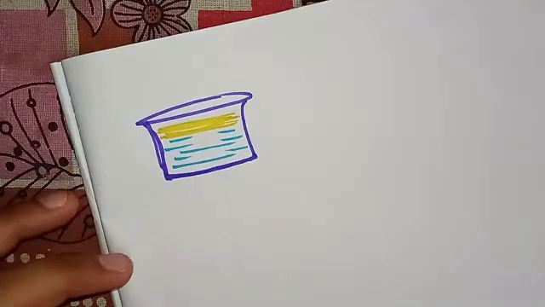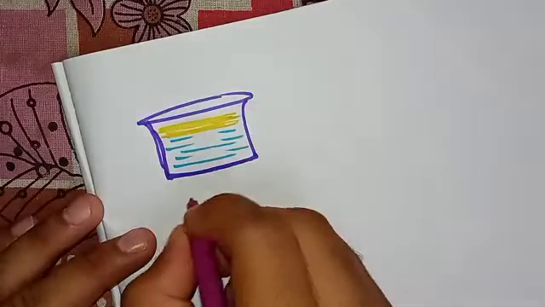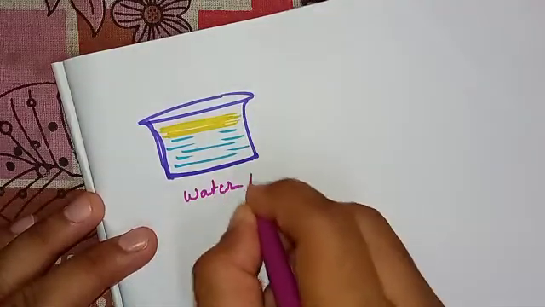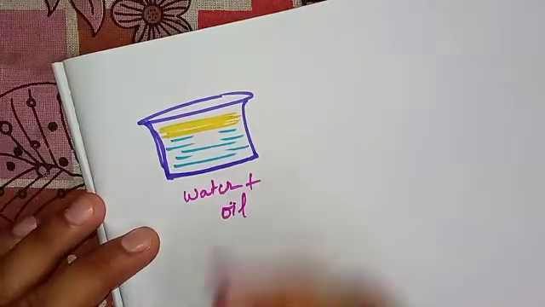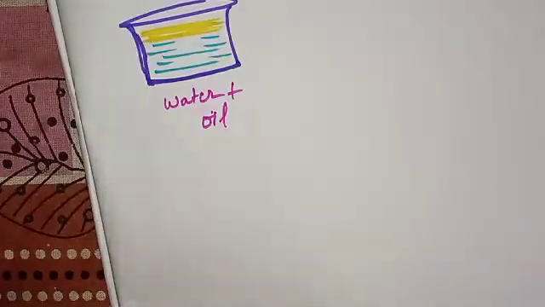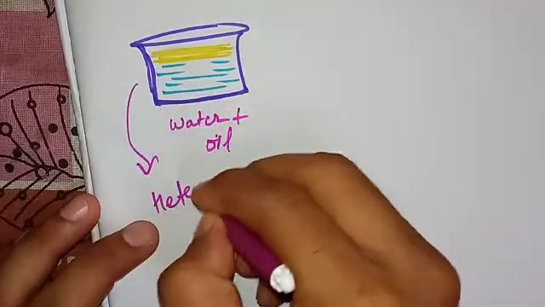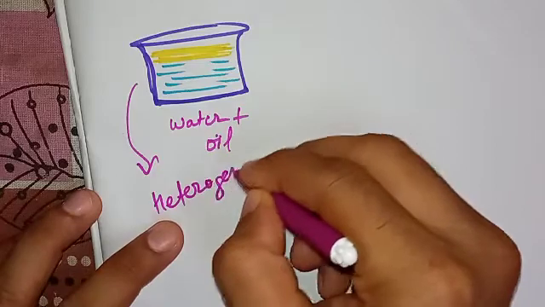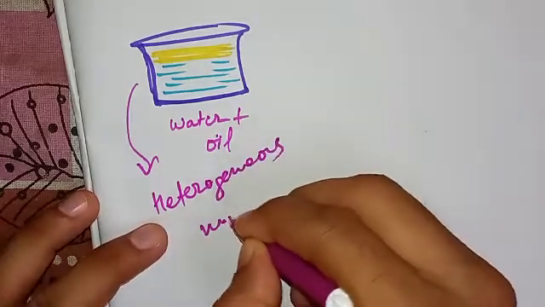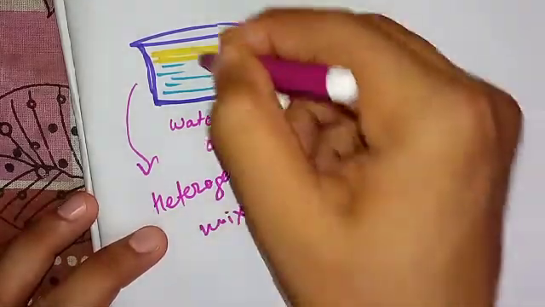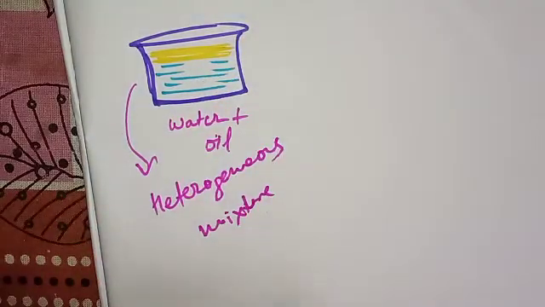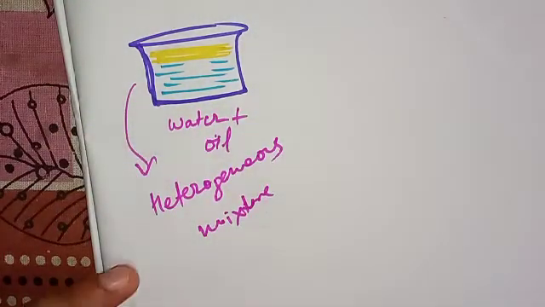This beaker has water plus oil, and you know that oil is immiscible, it will not get dissolved in water. So you will have a mixture that is what? Heterogeneous. Yes, that is definitely a heterogeneous mixture. The oil will not get dissolved into water, and it will float on the surface of water because it's immiscible.